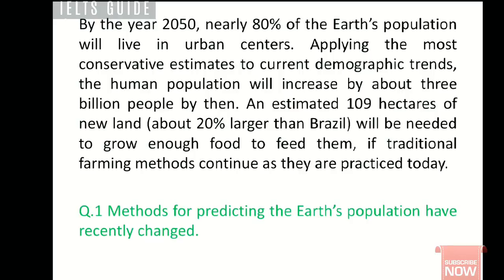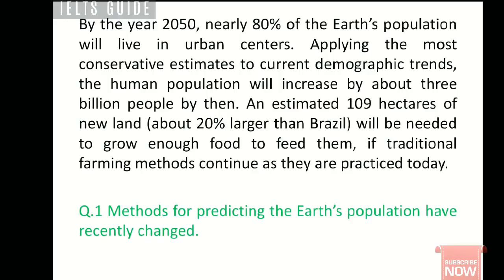By the year 2050, nearly 80% of the Earth's population will live in urban centers. Applying the most conservative estimates, the population will increase by 3 billion people by then. In the question they are talking about the earth's population, and we have seen this word only in the first line.